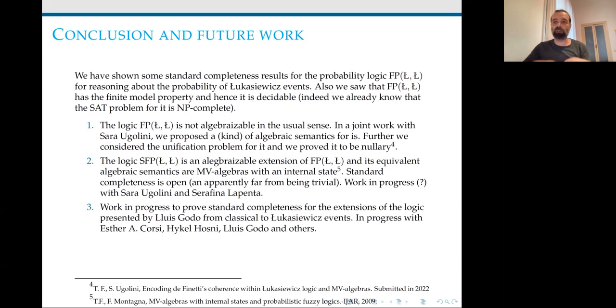It doesn't work if your events are represented in terms of a logic that's not locally finite. So now we are trying to work on proving standard completeness for extensions of this logic that may be more general than probabilistic logic. So logics, for instance, for belief functions and imprecise probability, that Luis also presented two days ago. And we are progressing in this line with Esther Corsi, Eike Losny, Luis, of course, and many others.